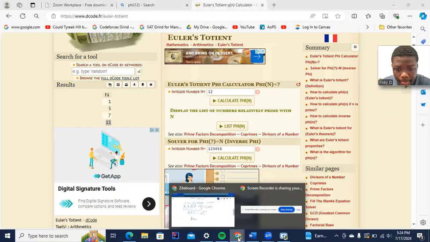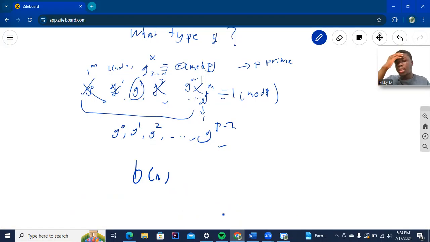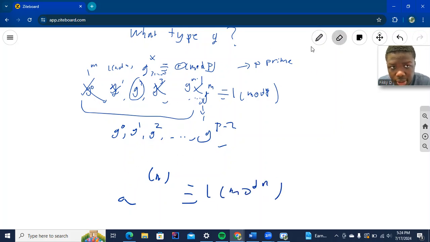Euler's totient theorem says that a to the phi of n is congruent to 1 mod n. I'm not going to prove this; I actually don't know the proof myself. But what's important in this context is that phi of a prime number is p minus 1.